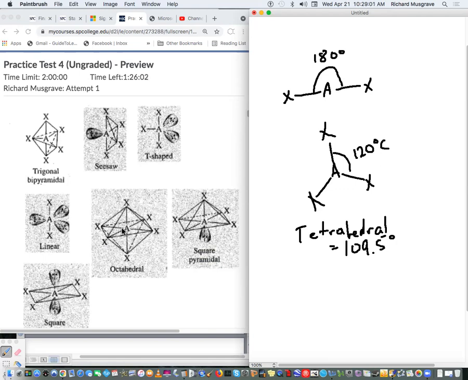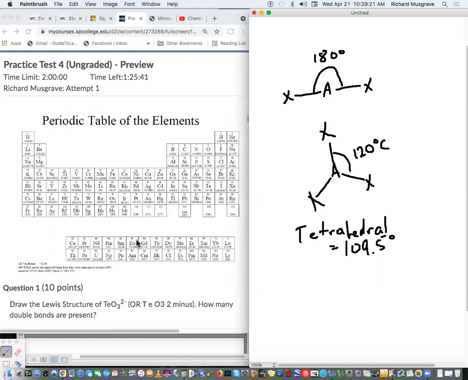It's 109.5. Now, why isn't remembering that an issue? Can anybody tell me why you wouldn't really have to remember that necessarily? Any thoughts? Well, let's take a look at the bond angle question.